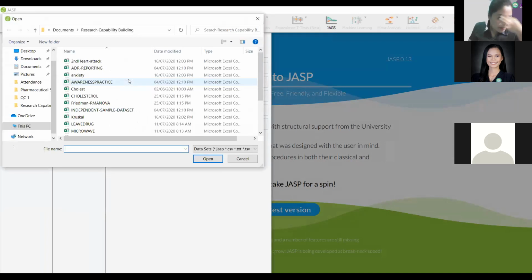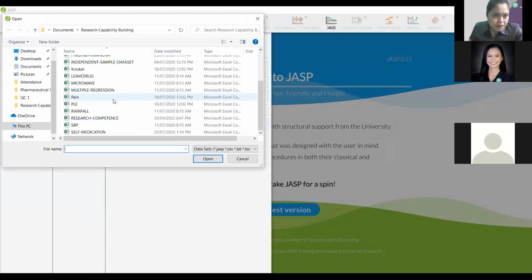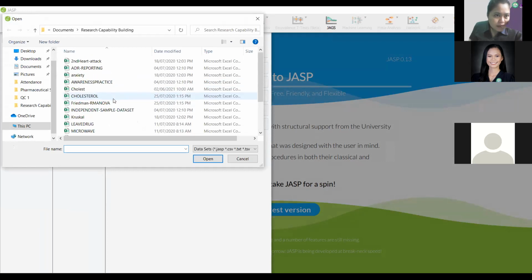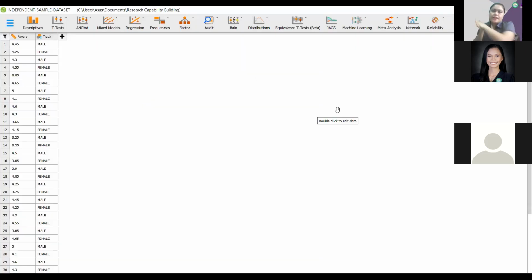Nasa research capability building yon, and naka-name yon as independent sample dataset. So I will import the data and look at this. You have now the awareness, yung score nila sa awareness, and yung track, yung kanilang sex. Kasi diba we are comparing the male and the female.